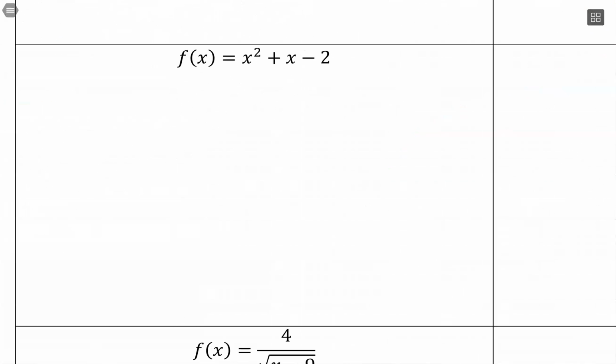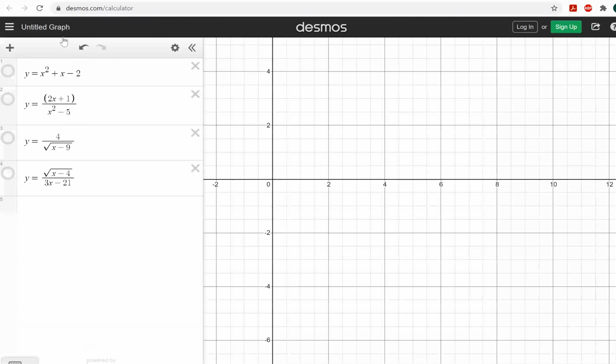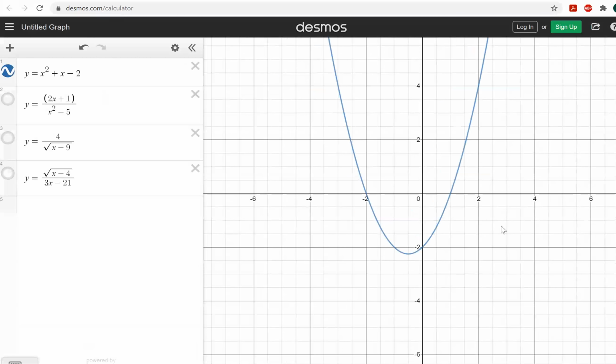Alright, here's a quadratic. And in terms of domain, we can plug in absolutely anything. Kind of like with the linear function, there isn't going to be anything that breaks this function. And if we look at the graph of it, we have our parabola.